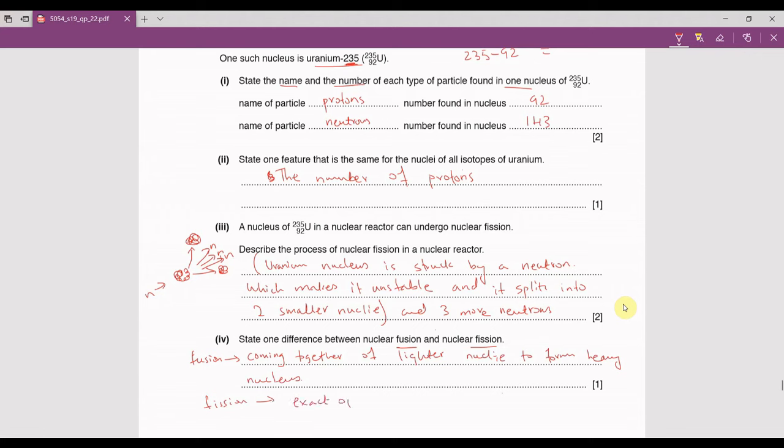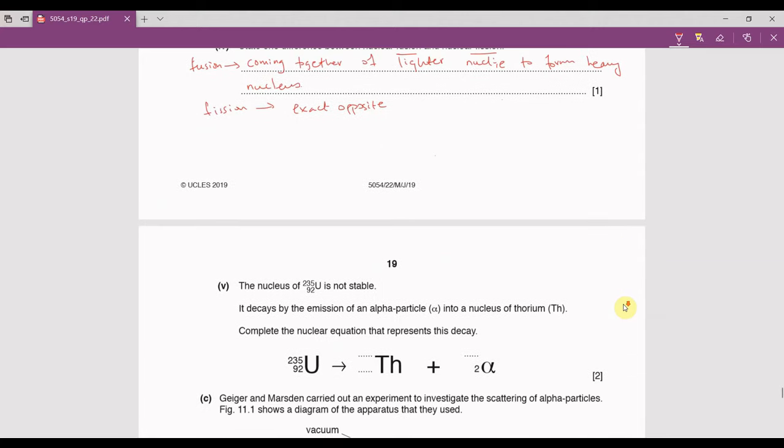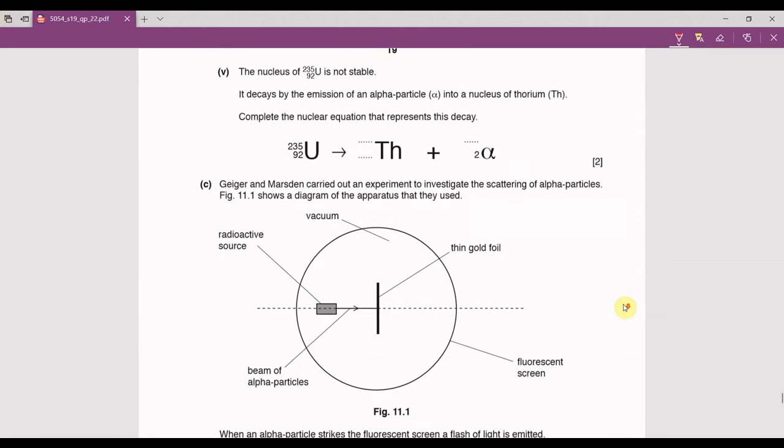Obviously now I'm just trying to save time here, but you can write the complete thing. That is, a heavier nucleus basically splits into 2 smaller nuclei, and that would be fission.